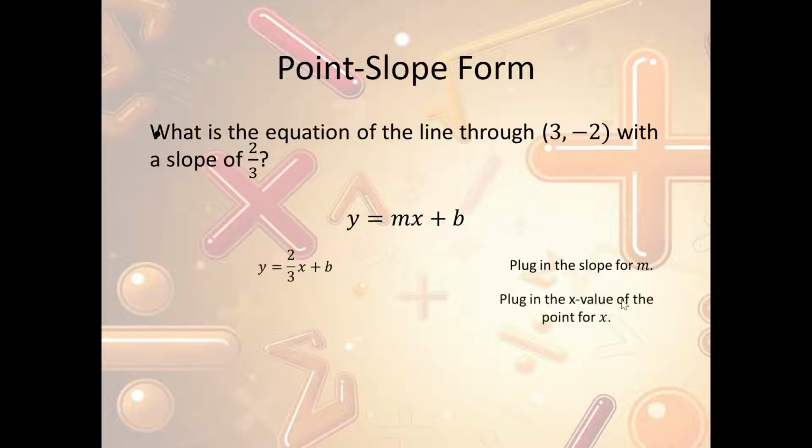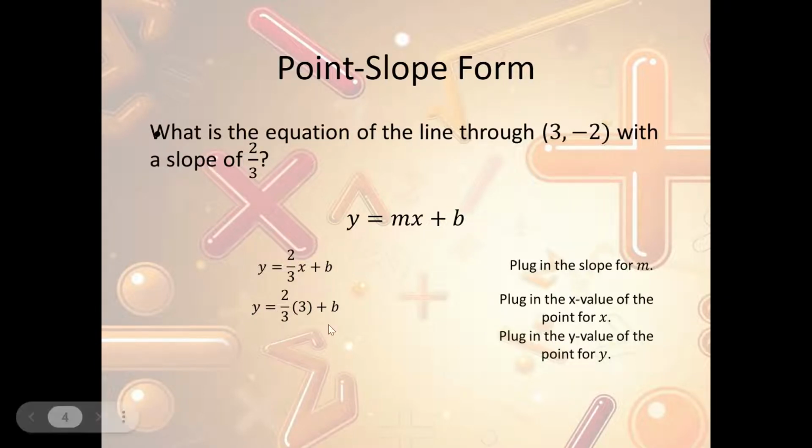Then we'll plug in the x value of the point we know. Well, the x value is 3, so we plug that in for x. And then we plug in the y value for y, which in this case is -2, so we plug that in for y. And we get -2 is equal to 2/3 times 3 plus b.